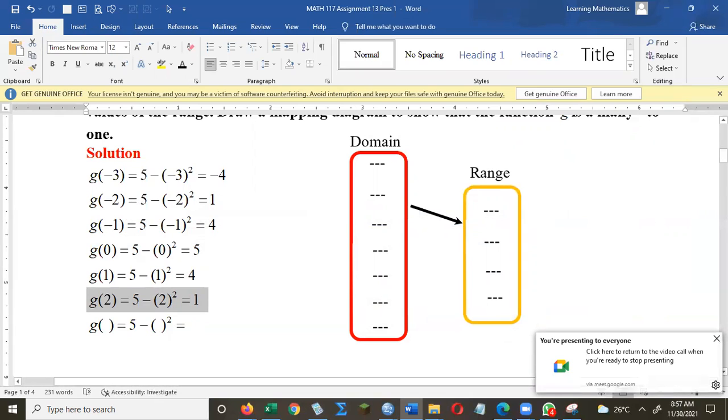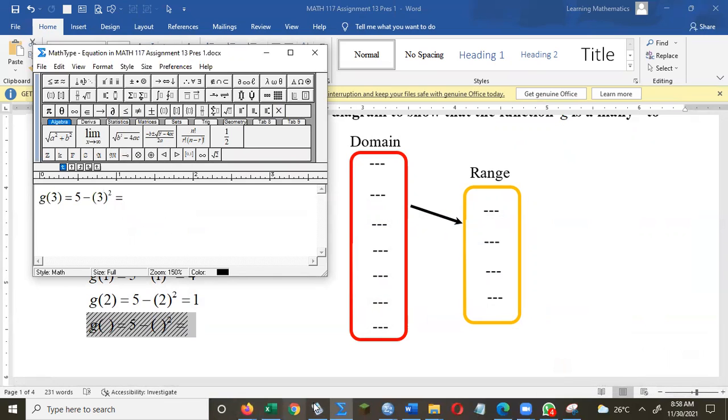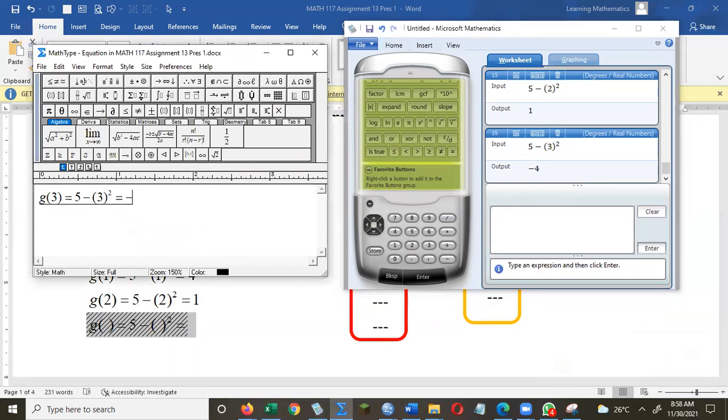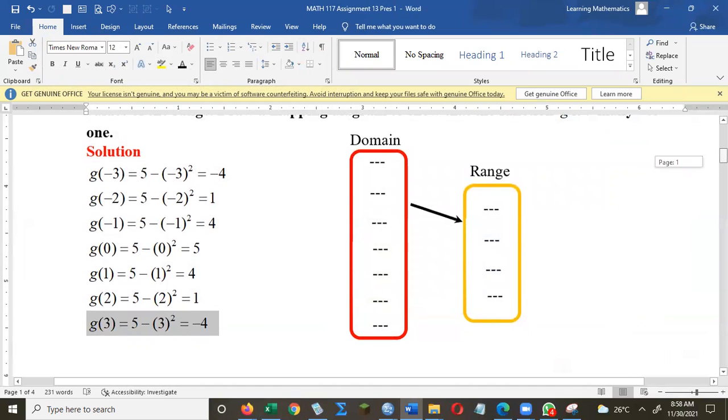We did 1, 2, and 3 now. Let's see what we get for 3. I think we're going to get -4, because 3 squared is 9, and 5 minus 9 is -4. -4. Any questions as to how to do that first part in assignment number 13?